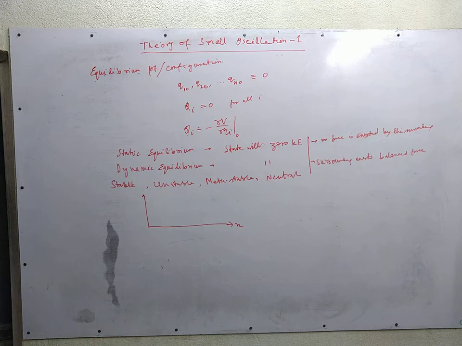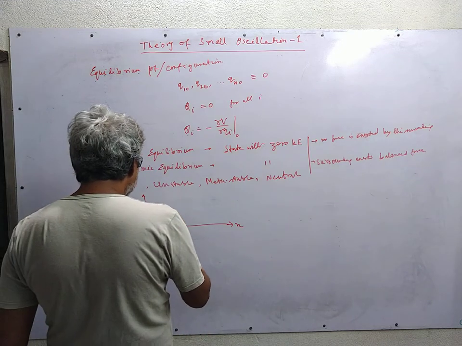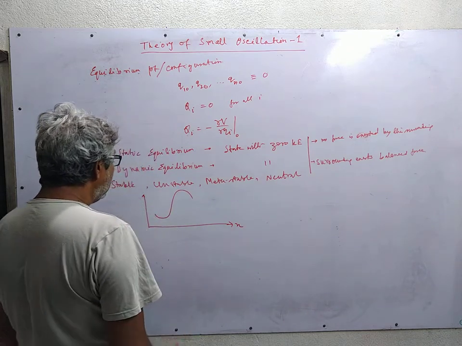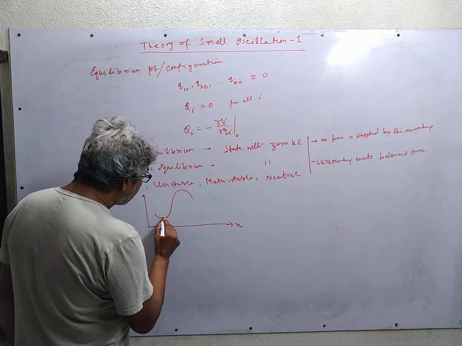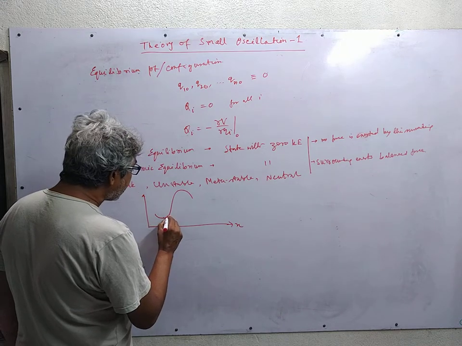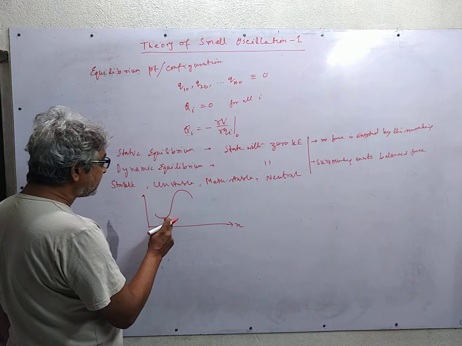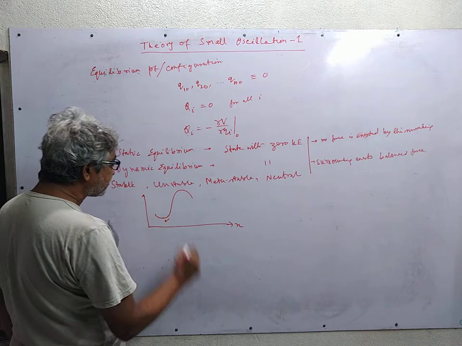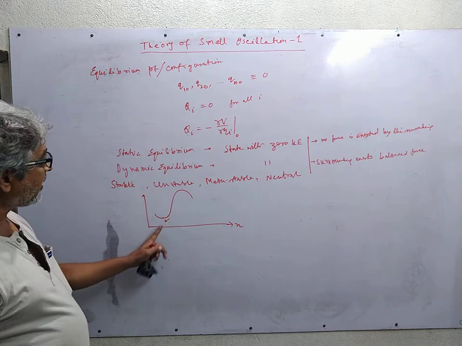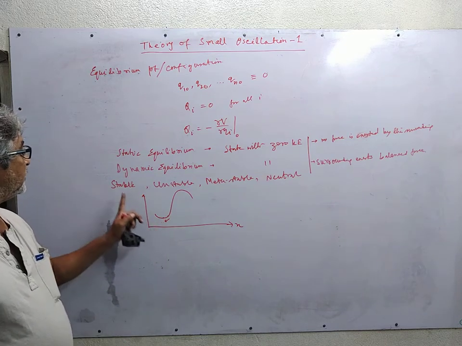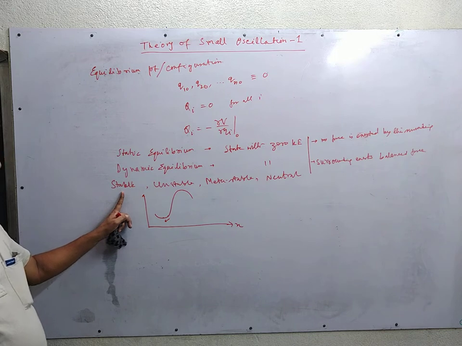Consider the potential energy curve of a system. At this position, if we displace the particle slightly, its potential energy increases, and to minimize the potential energy, the particle comes back to its original equilibrium position, which is called a stable equilibrium position.